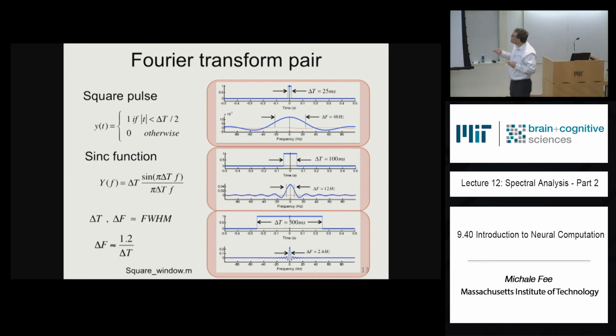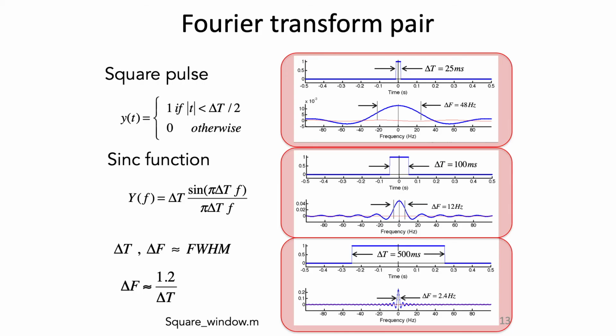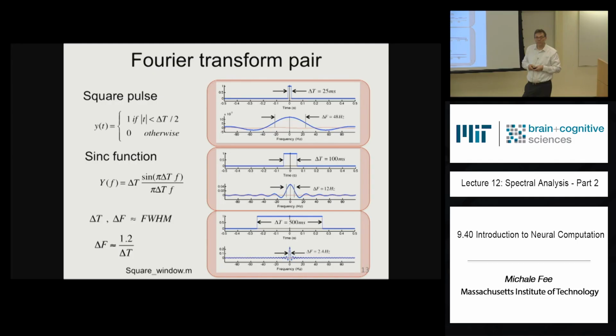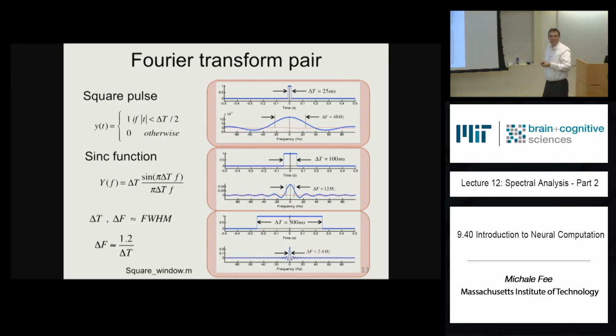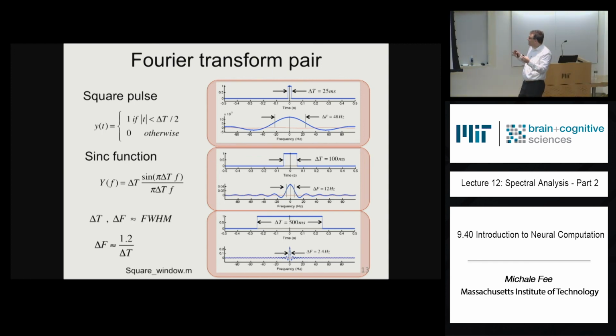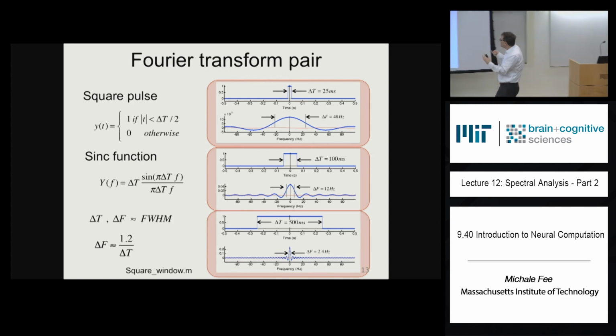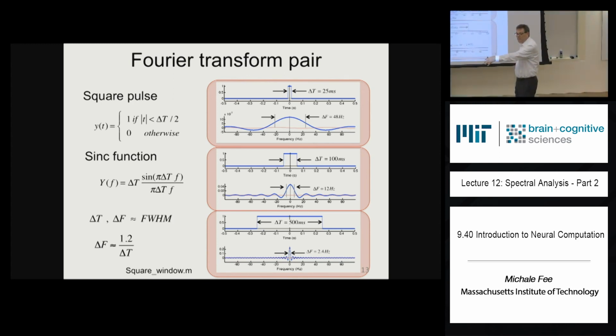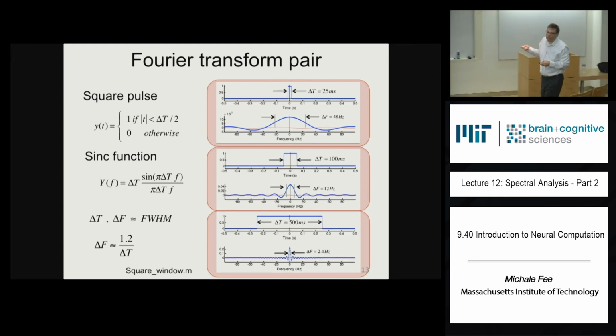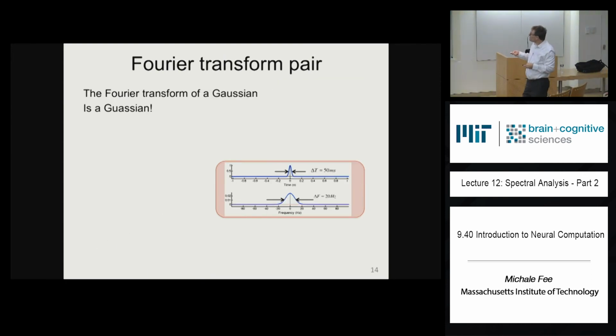And for this square pulse and sinc function, that constant is 1.2. So there's a limit. If you make the square pulse smaller, the sinc function gets broader. All right, let's look at a different Fourier transform pair.